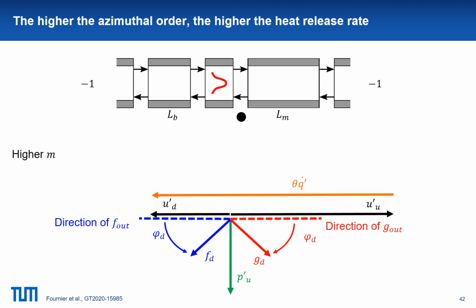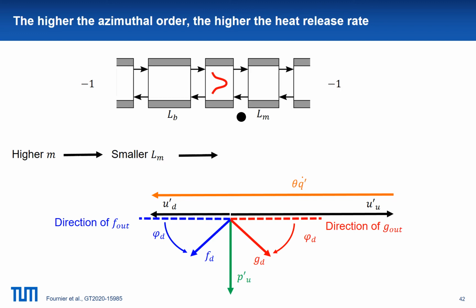Now we consider a higher mode order m. That translates into a smaller equivalent duct Lm. Therefore, the phasors from the outlet will rotate with a smaller angle phi d. So let's go back to the phasors plot. We rotate from the outlet with a smaller angle.